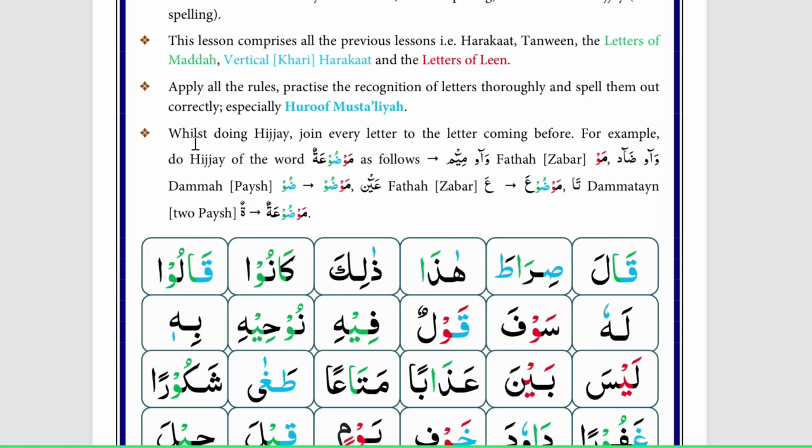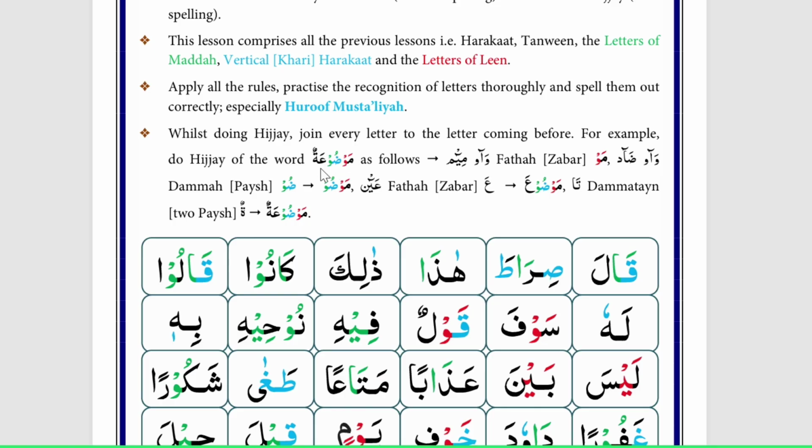Next point is while doing Hijje, join every letter to the letter coming before. For example, Mim, Waw, Zabar, Maw, Dad, Waw, Pesh, Du. Now I am supposed to join this letter with the letter coming before.